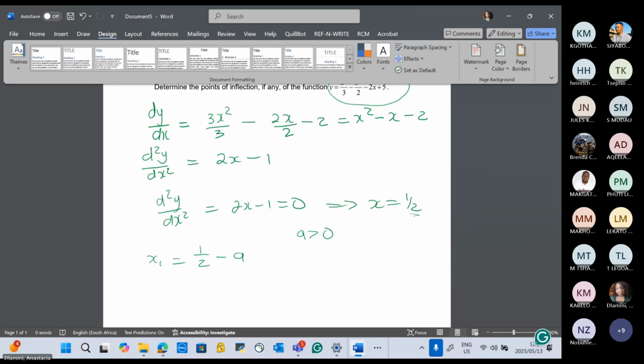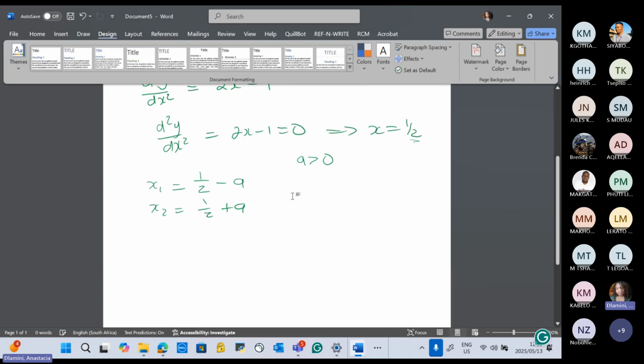Yes, ma'am. Now, since A is positive, a value after half will be X2, which is 1/2 plus A. Do you see that? Instead of choosing a value, because all of you will be choosing different values.